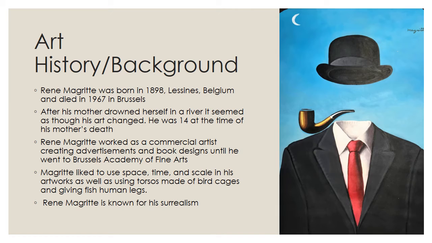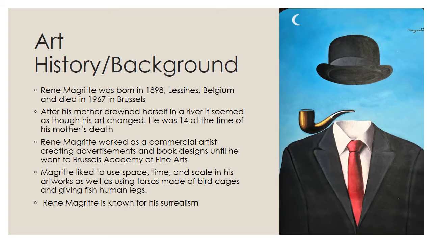So the history and background of René Magritte. He was born in 1898 and died in 1967. After his mother drowned herself in a river, it seemed as though his art changed, and he worked as a commercial artist creating advertisements and book designs until he went to Brussels Academy of Fine Arts.